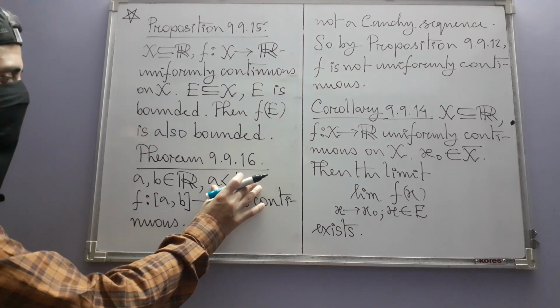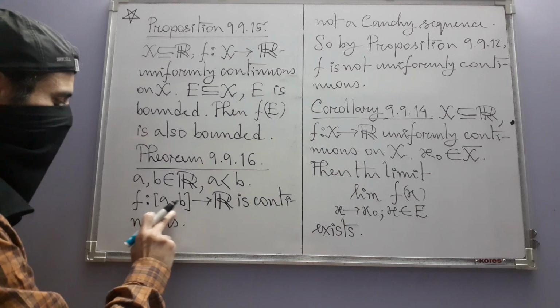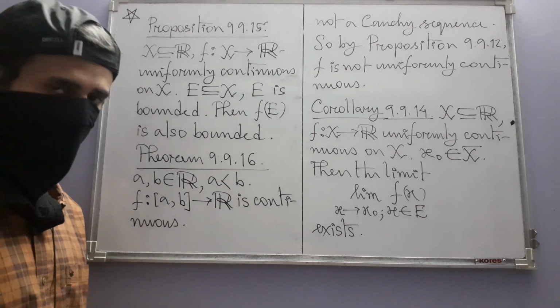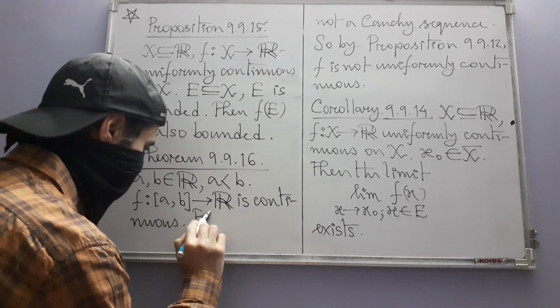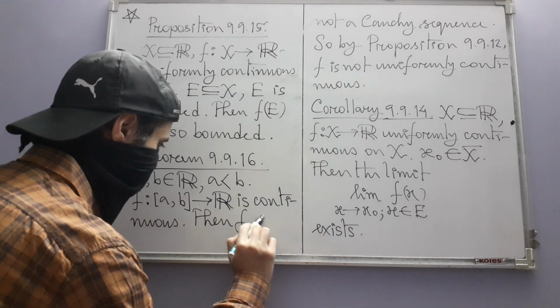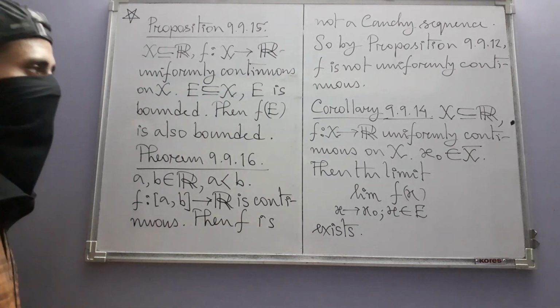This condition makes sure that this is a non-empty subset of R. This is continuous, then F is uniformly continuous.